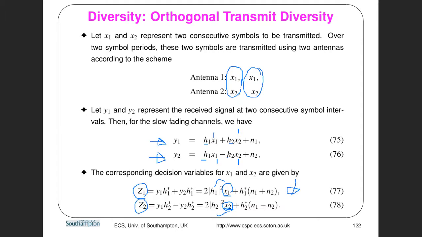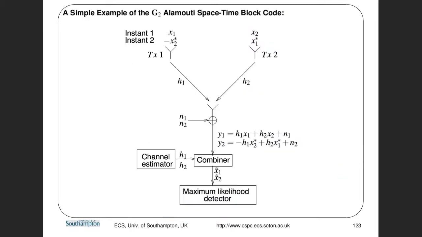And Z1 is only about X1, Z2 is only about X2, so there is no interference in here at all. I will show you a little bit more about this later, so don't worry if there are gaps between these two equations.